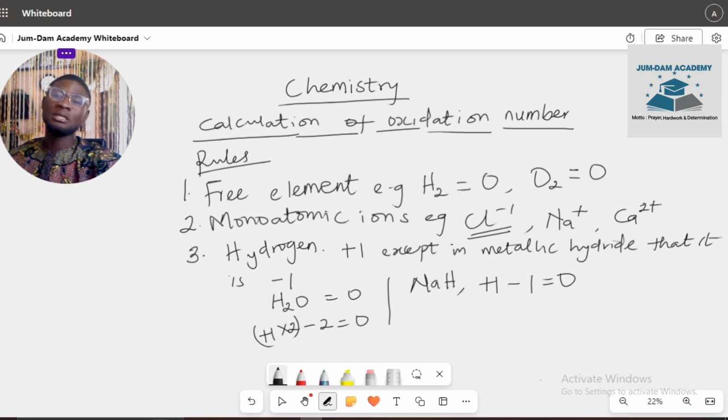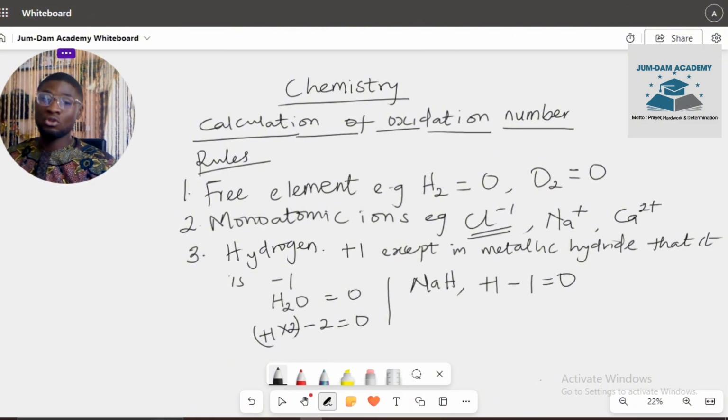You know that the sum of the oxidation numbers of elements in a neutral compound is 0. I will differentiate what I mean by a neutral compound.